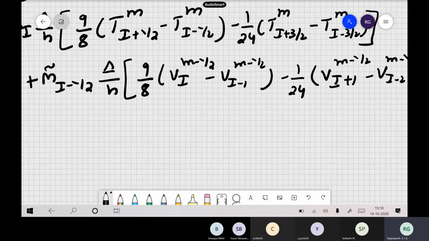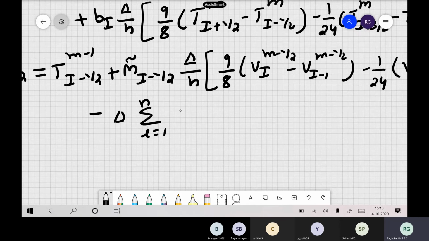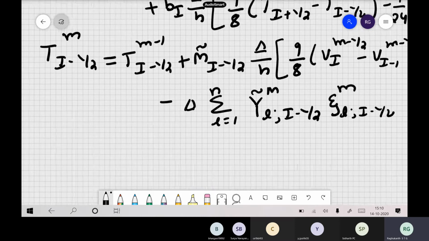Of course you have these coefficients, with minus delta, L equal to 1 to n, so you have the unrelaxed modulus, m L i minus half, and psi L, i minus half m. So this is our stress strain.